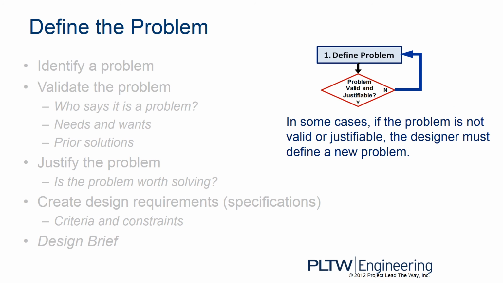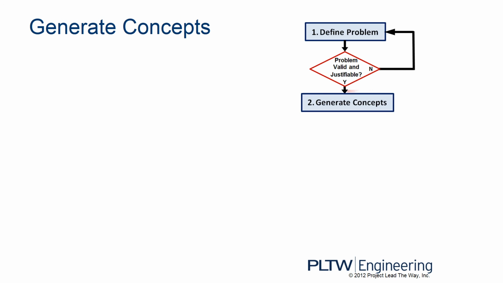Or you need to change your design brief to make it to where the problem is valid and justifiable. Is it truly a problem? And does it make sense to spend money and time fixing the problem? If you can't say yes to both of those, then you're going to have to loop back and redefine the problem or abandon the idea, the project altogether.